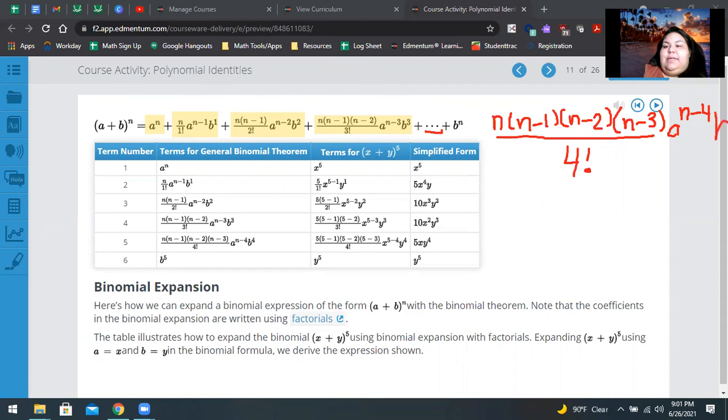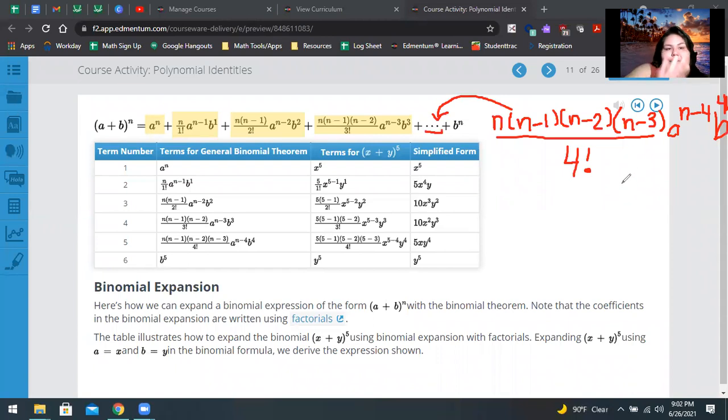This means that this is b to the 4. So keep in mind, this one goes right here in the middle, and then it continues on until the very end of b to the n. So that is the binomial expansion. Now, let me discuss the factorial.